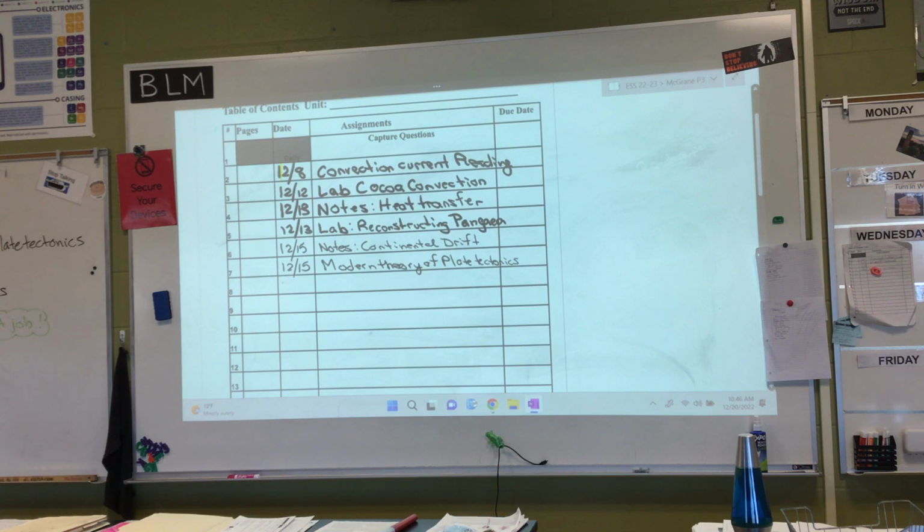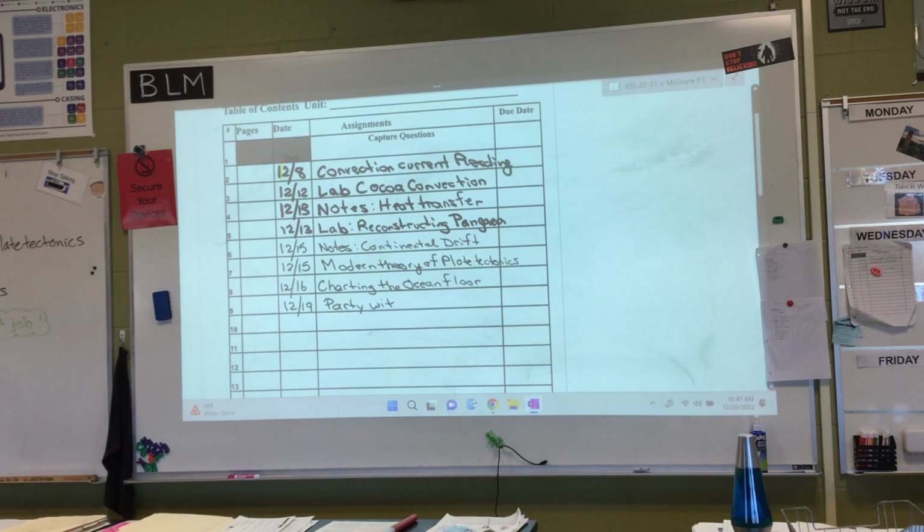And then, did I hand something out on the 16th, or was the next thing the 19th? It's charting the ocean floor on the 16th. And then on the 19th, Party with the Plates.